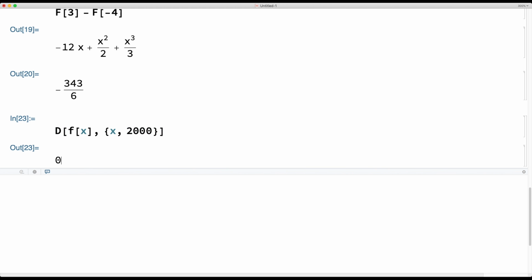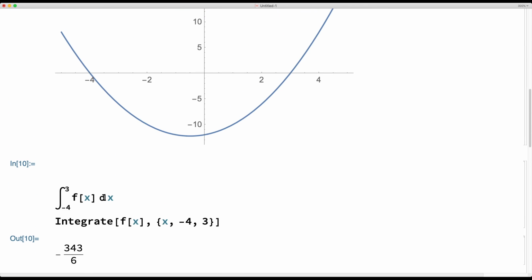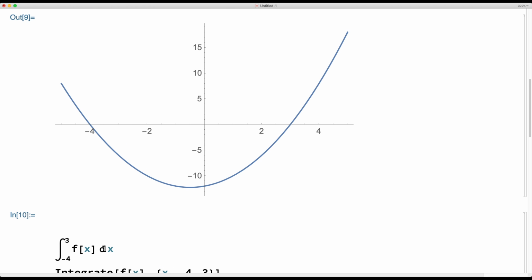All right, so let's combine some of this stuff. In terms of calculus, what might we be interested in? There's a really special point on this graph. Where is it? Yeah, the vertex, which is here. Because this is a parabola, we don't need any calculus to find the vertex.